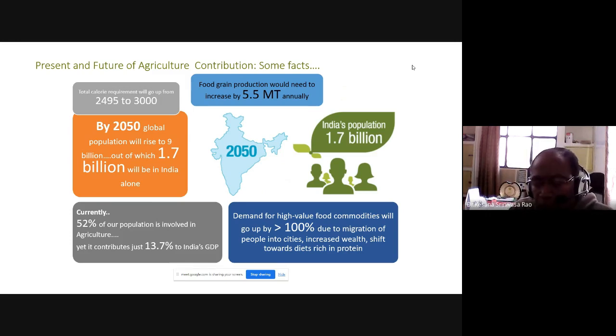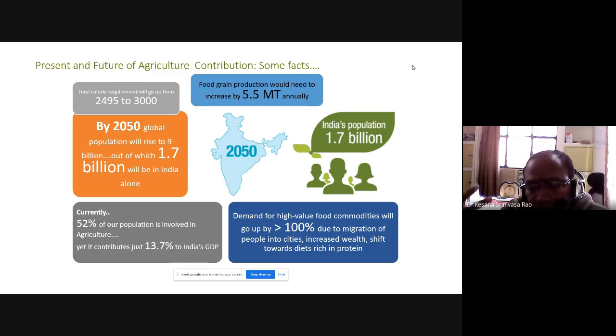Though we are self-sustaining at present, India's population will be 1.7 billion by 2050. India is going to be the number one country in the world in population by 2050. That is what we are all claiming nowadays, given the rate at which the population is growing.